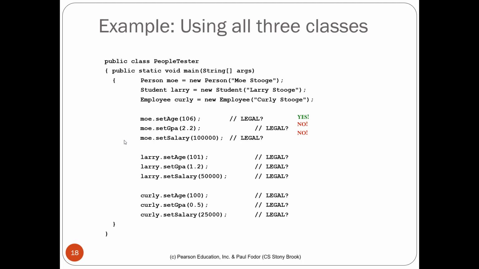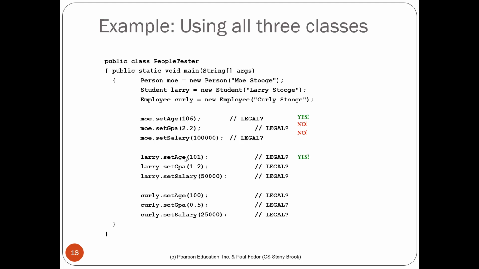How about larry.setAge(101)? Can you change the age of Larry? Interesting. Well, Larry is a student, and Student is derived from Person. So it will have the inherited method, which is setAge, and the inherited data members, which are age and name. So is this legal? Yes, it is legal, because we have inheritance.